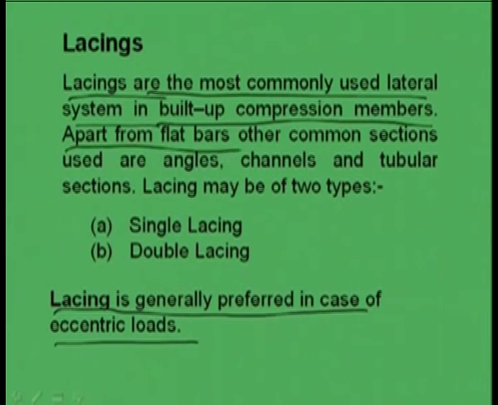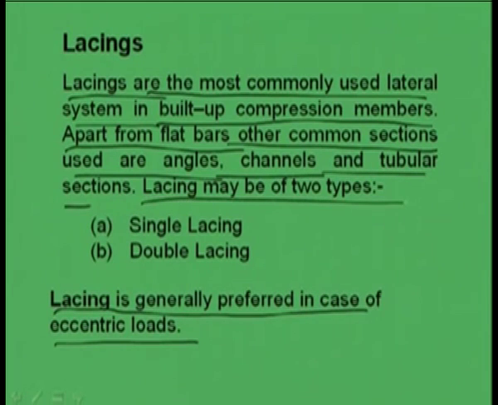Apart from flat bars, other common sections used are angles, channels and tubular sections. And as we told, lacings may be of two types, one is single lacing, another is double lacing. These things we discussed in the last lecture, so I am not going into details of this.